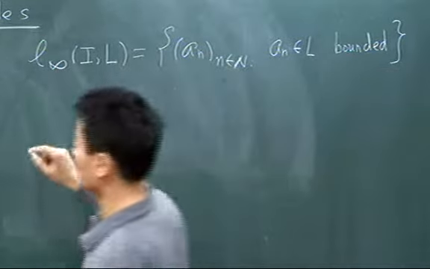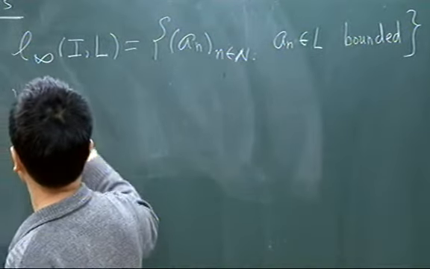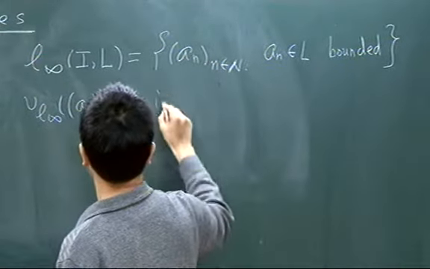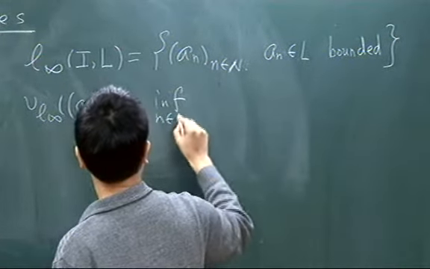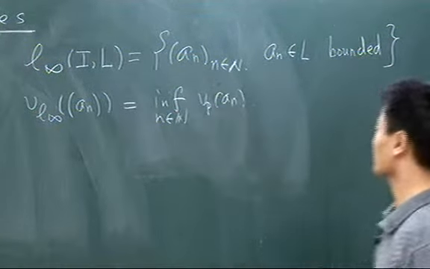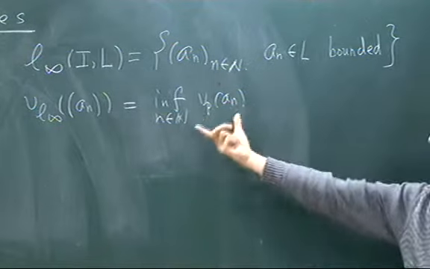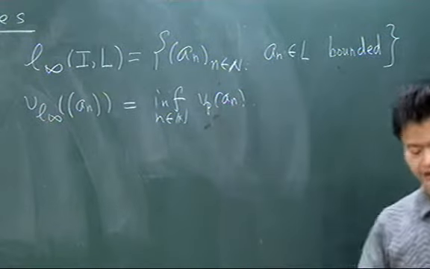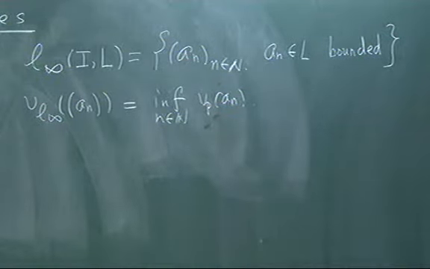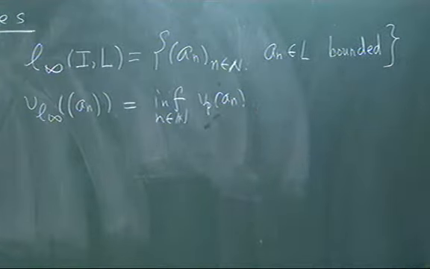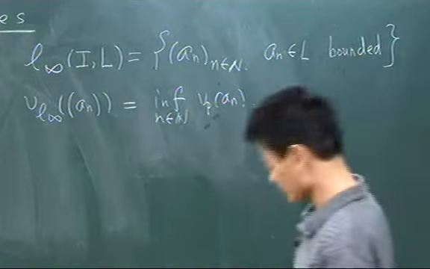And we can define the valuation. Because this is bounded, then the valuations are bounded below, so you can always find the minimum, and then you can get this one. This is the same thing as in the Banach space over real numbers.